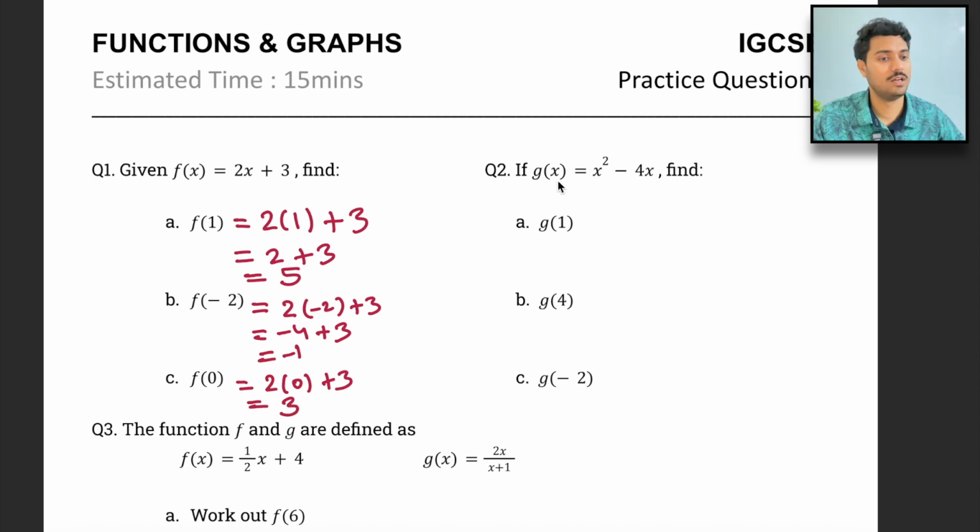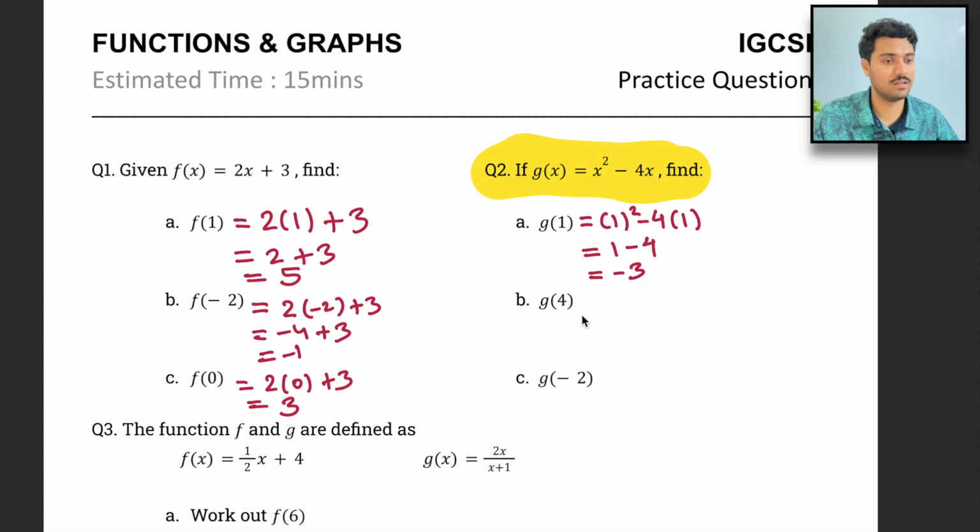Next question, g of x is equals to x square minus 4x. This is the function. G of x equals to x square minus 4x, and we have to find g of 1. So g of 1 is going to be 1 square minus 4 times 1. So that is 1 minus 4, minus 3.